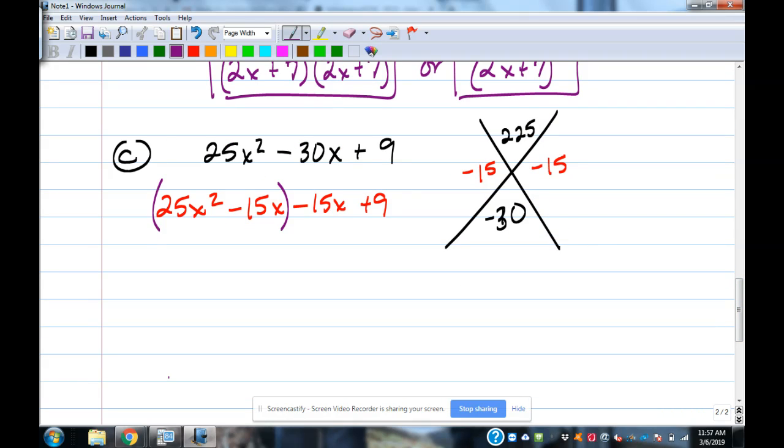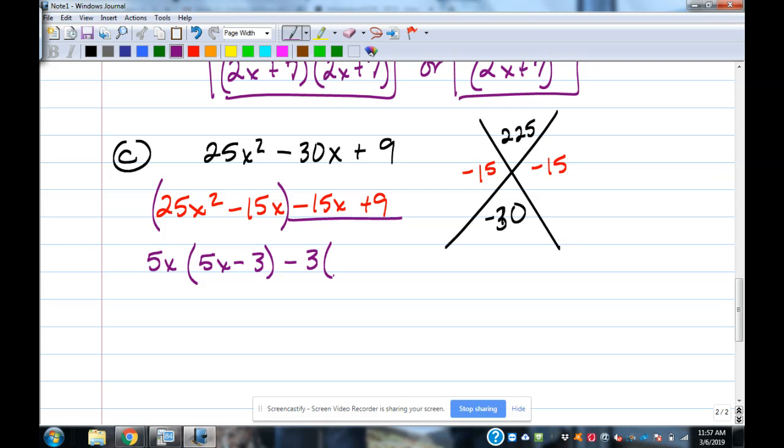What's the GCF of the first group? 5x leaves what in parentheses? 5x minus 3. And what do I pull out of the second pair? Negative 3.